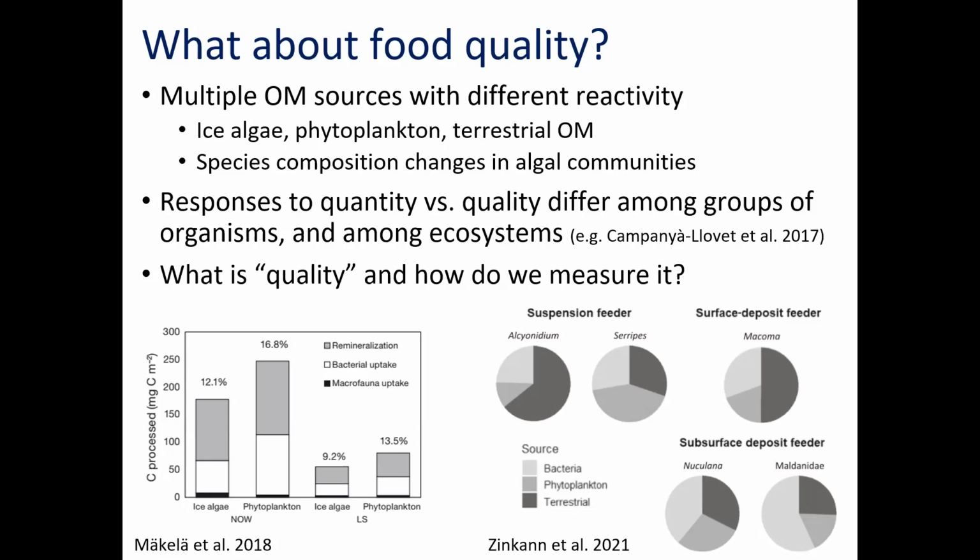And she did not really find any patterns when she just looked at average suspension feeders versus average deposit feeders, etc. But when you dig into groups or taxa within those categories, like on the bottom here, two different subsurface deposit feeders, they use that resource pool differently, even though they're both subsurface deposit feeders. So what is it about Maldanids that they particularly prefer one resource over the other?